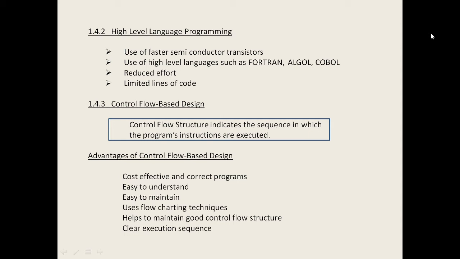So using assembly language coding, the programming effort was higher, and they could only write small programs without using any complex logic. But with high-level languages such as Fortran, Algol, or COBOL, the effort of writing programs is reduced, and the programmers could write larger programs.